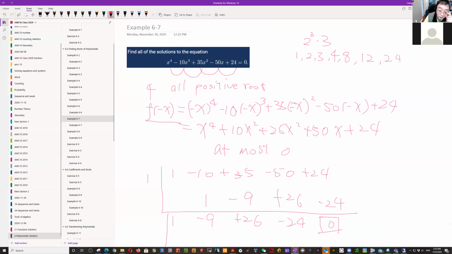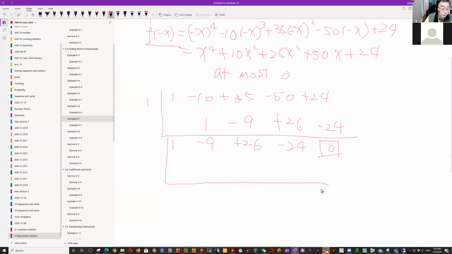We know 1 is not a solution, so we will try 2. Trying 2, we just use synthetic division. 1 multiplied by 2 equals 2. This is going to be -7. 2 multiplied by this is -14.